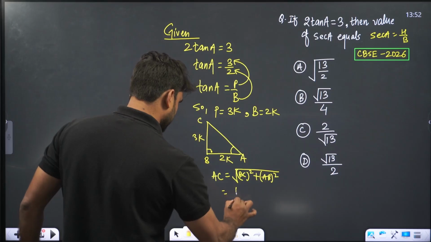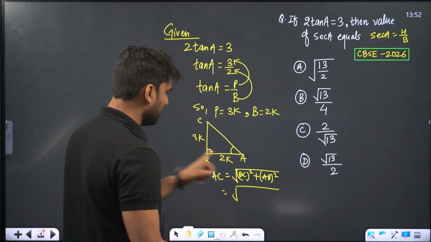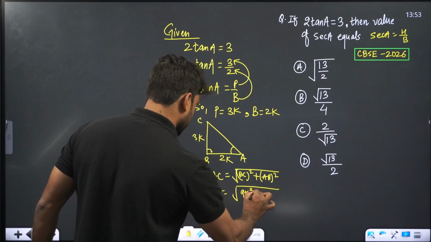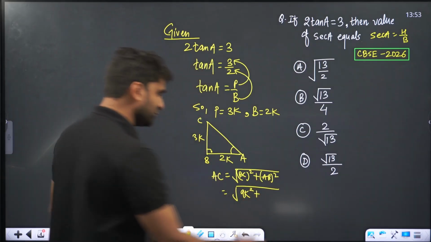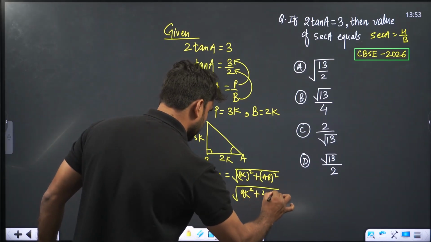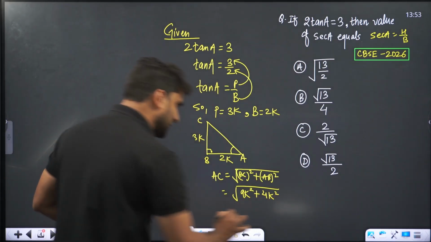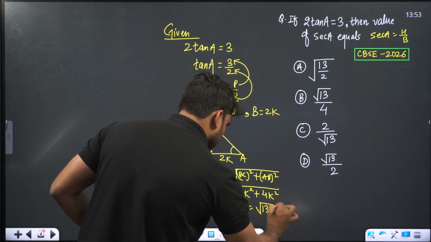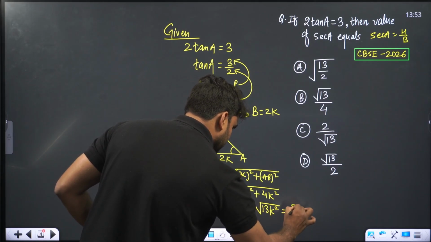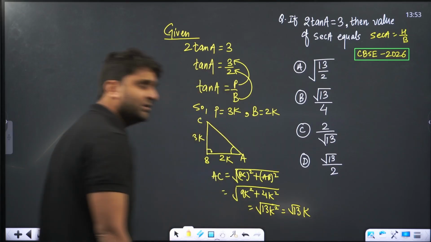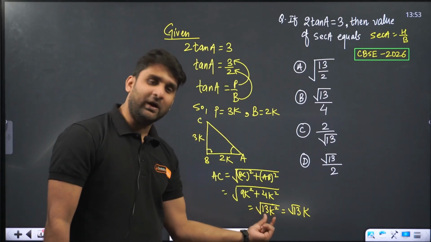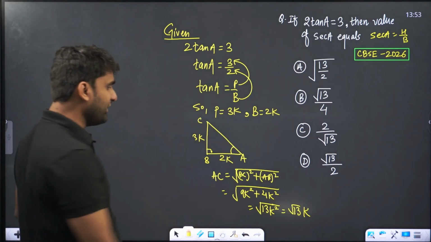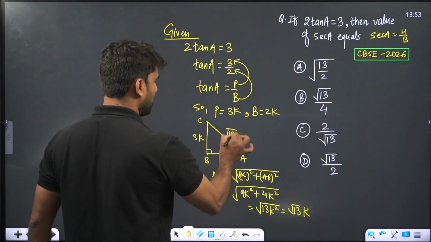Okay, so BC we have 3k, so 3k square will be 9k square. AB we have 2k, so 2k square will be 4k square. 9 plus 4 will be 13k square, and root 13 will remain as it is, and k will be single k because k is in square, so root will remove square form, so k will come. So now we have a hypotenuse also, root 13k.